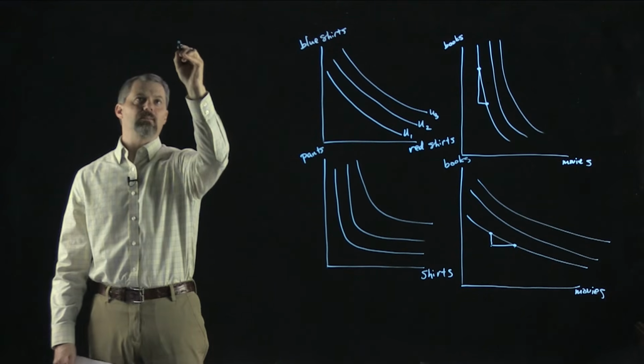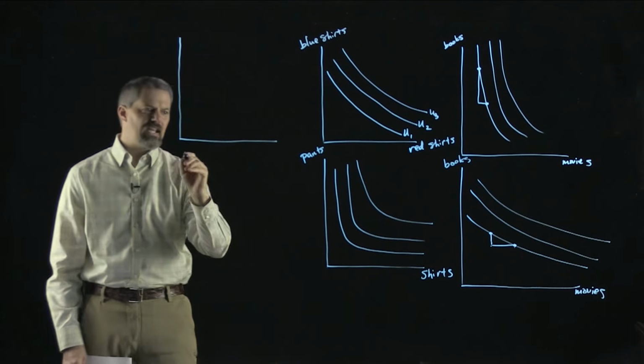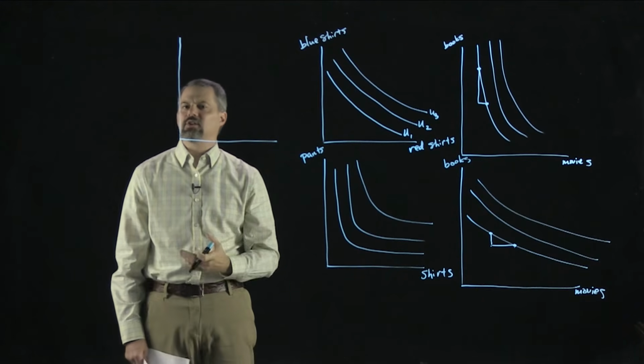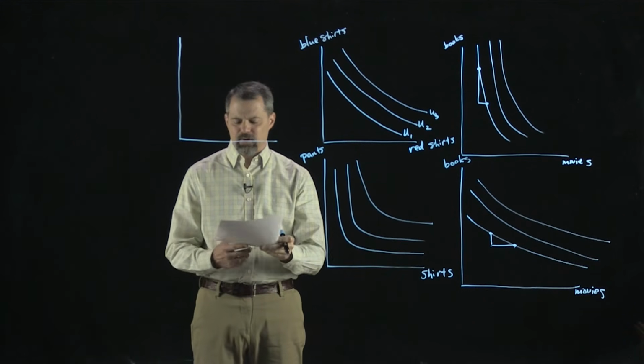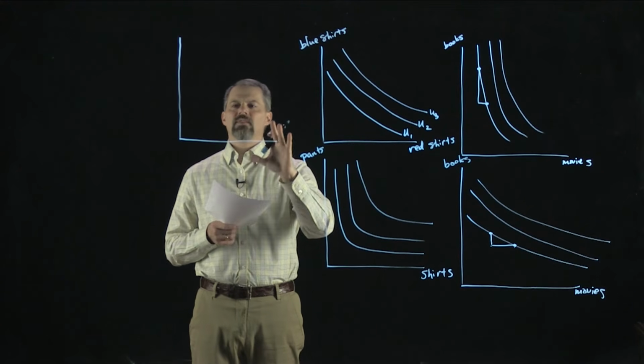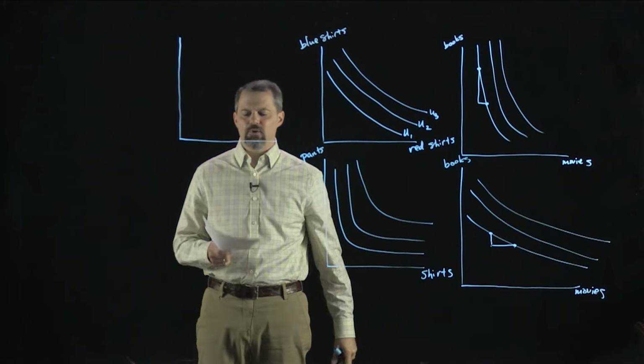So if we were to think about two goods, and this hopefully will help you understand why the curvature matters a lot. Let's suppose that for you, Coke and Pepsi are perfect substitutes. You do not care at all which one you have.